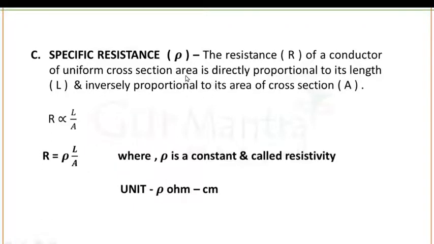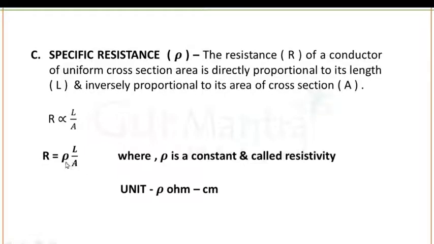So from this definition, you may conclude that R is directly proportional to L and inversely proportional to A. When you remove the proportionality symbol, you put in a new constant denoted by rho, and this rho is your specific resistance. That's why the formula becomes R is equal to rho L upon A.